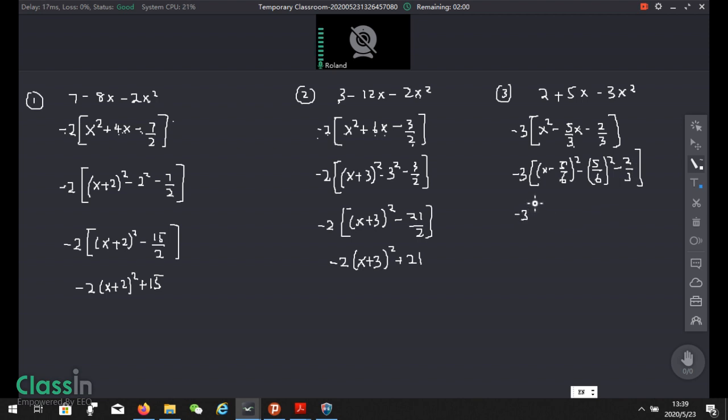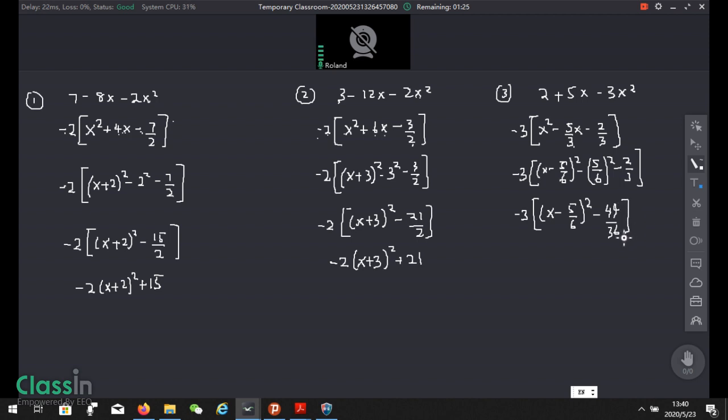So we get negative 3 times x minus 5 over 6 all squared. Now we have negative 5 over 6 all squared, that is 5 squared is 25 and 6 squared is 36, minus 2 over 3. So it's basically negative 25 over 36 minus 2 over 3, and that gives, I think, negative 49 over 36.